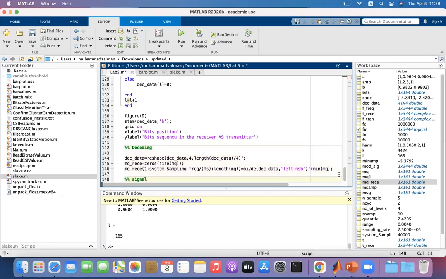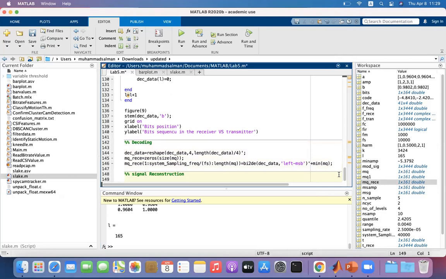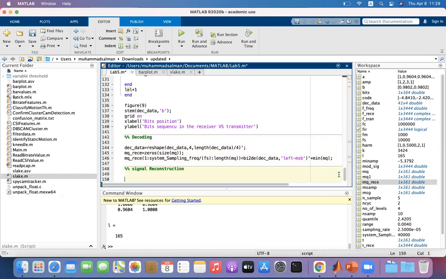So in the signal reconstruction, again I want to define the frequency axis for it, and since I want to apply some gain, which means that I'm also applying some amplification here.